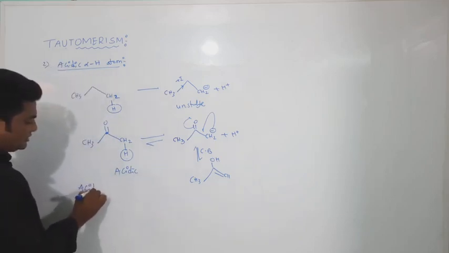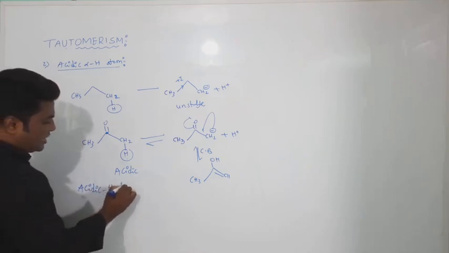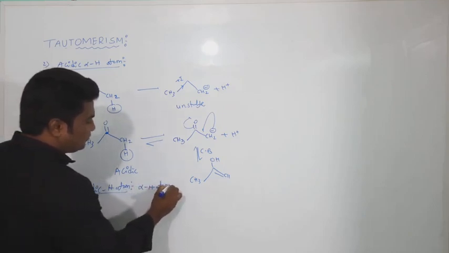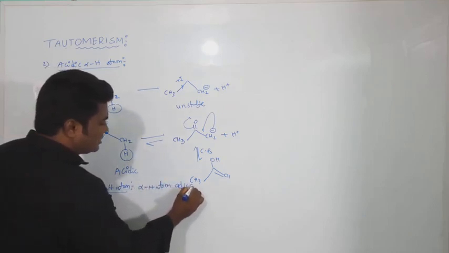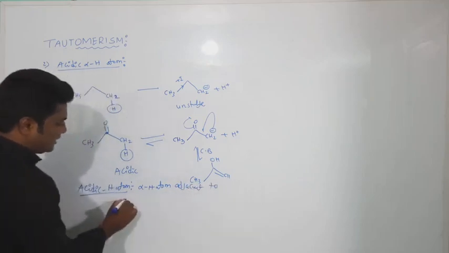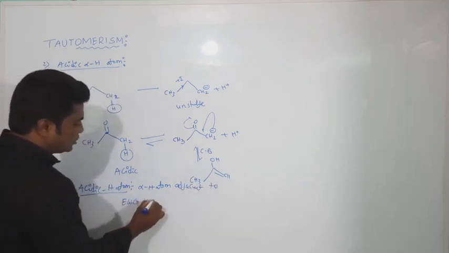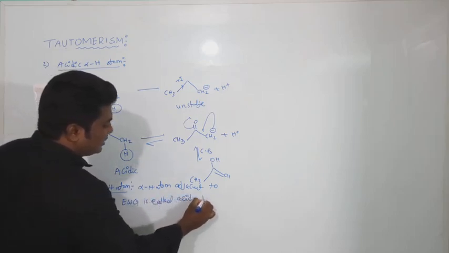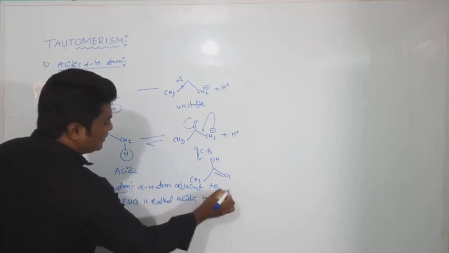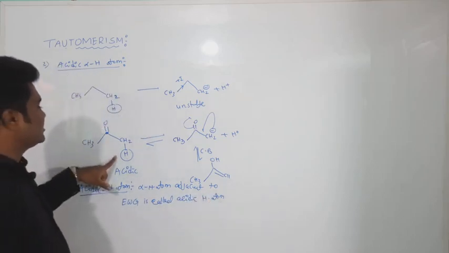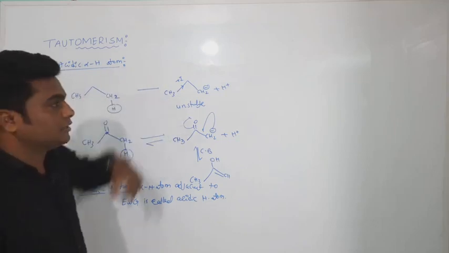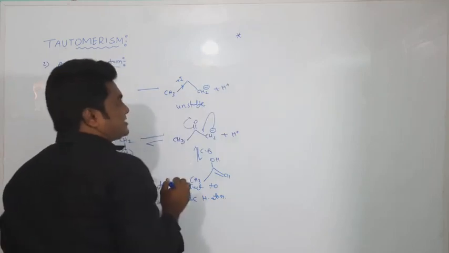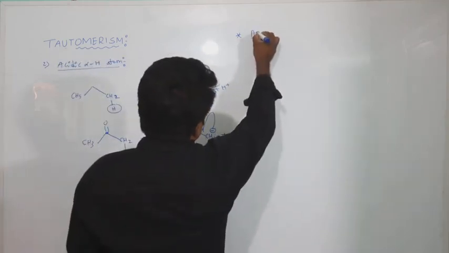An alpha hydrogen atom adjacent to an electron withdrawing group is called an acidic hydrogen atom. Okay, so acidic hydrogen must be present, and at least one alpha hydrogen atom. Now see how to draw the tautomeric structures.